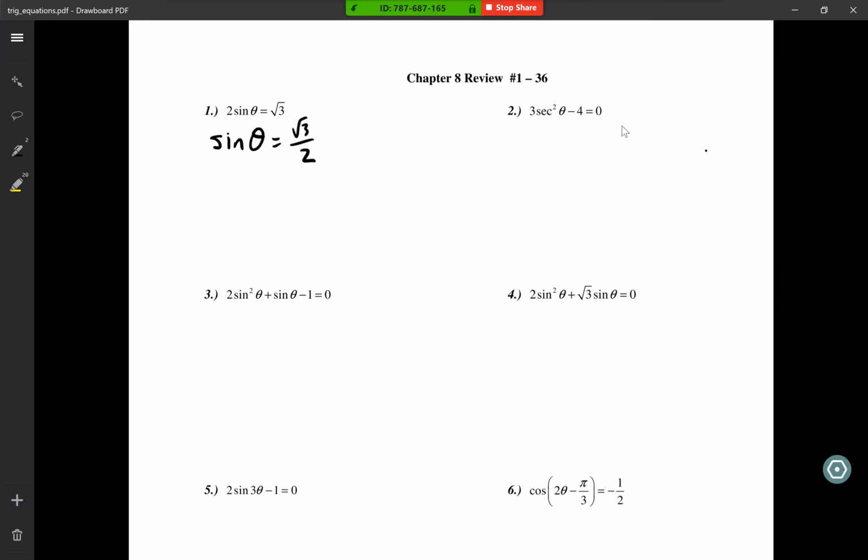We know that between 0 and 2 pi, theta is pi over 3, or theta is 2 pi over 3. So that was our first step: we find all the solutions in the interval from 0 to 2 pi.